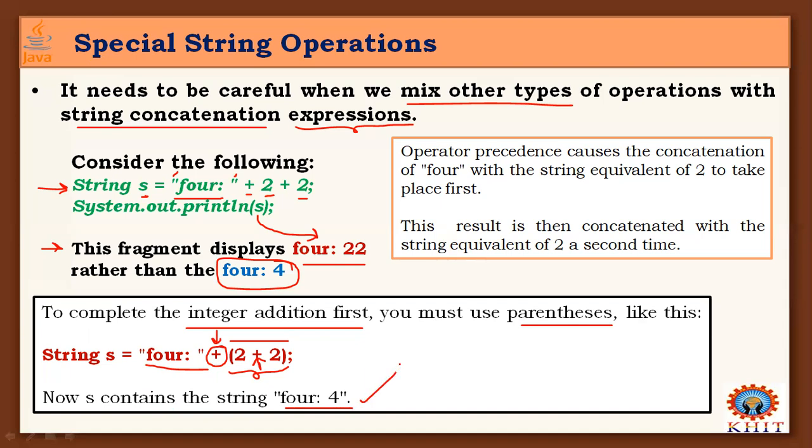Operator precedence causes the concatenation of 4 with its string equivalent first. So first this string literal concatenates with the first 2 as a string value, and then the next 2 is also converted into a string and concatenated to make the final string literal.